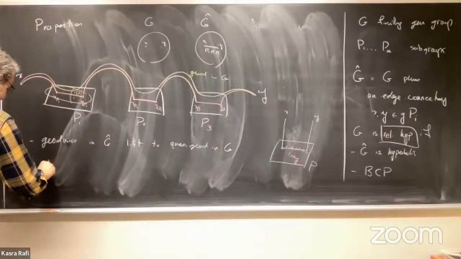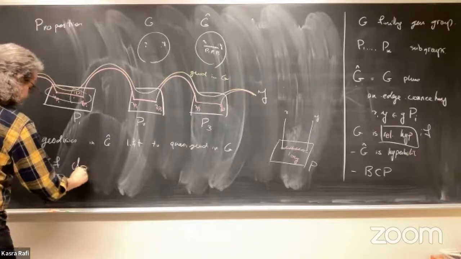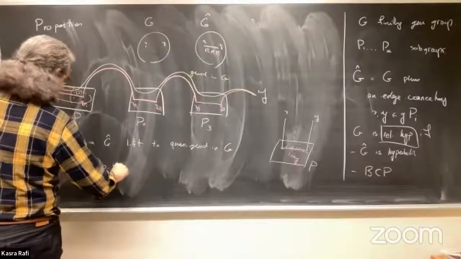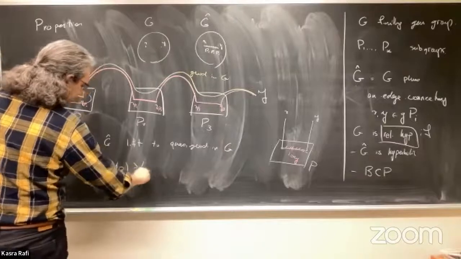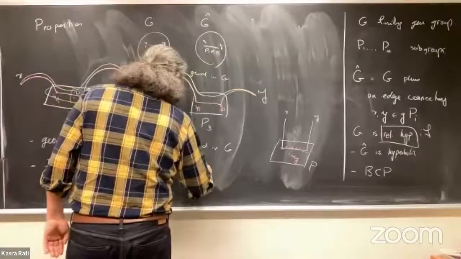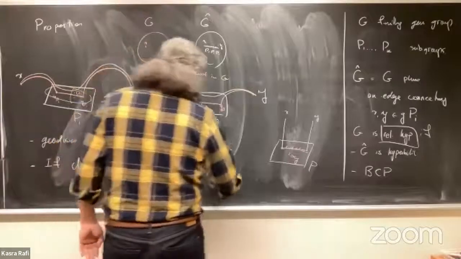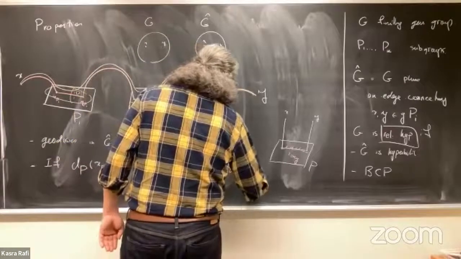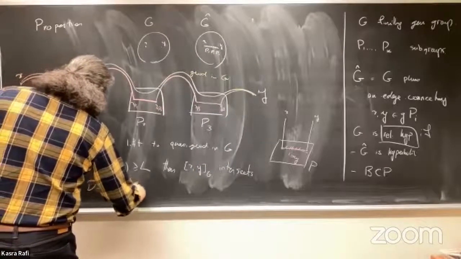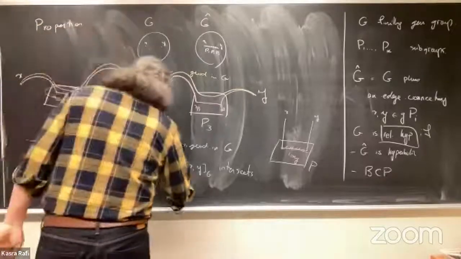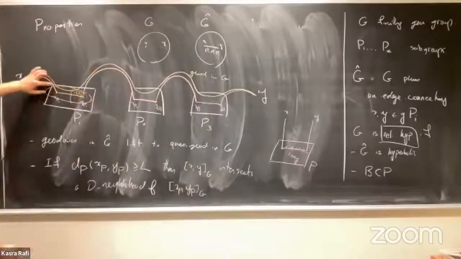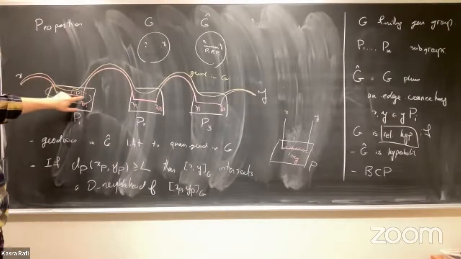Or we can say, if the distance in some peripheral subgroup P between the projection of X to P and the projection of Y to P is large, for some L, then the geodesic segment XY in G intersects a D neighborhood of this segment XP, YP in G. More than intersect, it actually comes close to the beginning of the projection and leaves close to the end of the projection.